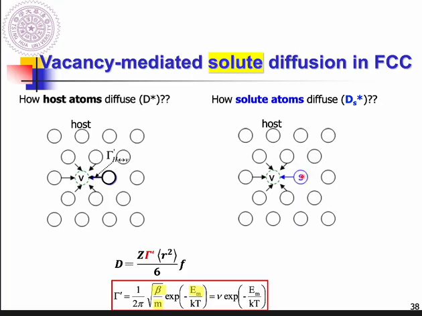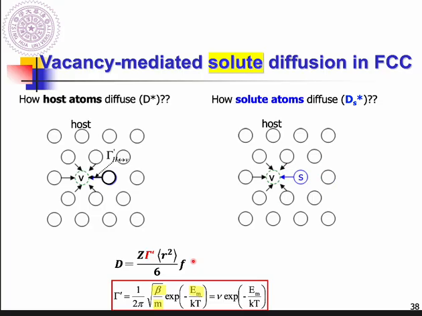Then I ask you about the solute diffusivity for the solute atom, and the diffusivity is also through the vacancy mediated mechanism. So this type of diffusion, we call it vacancy mediated solute diffusion. What's the difference between this and this? If you take a look, we also use the same equation here.